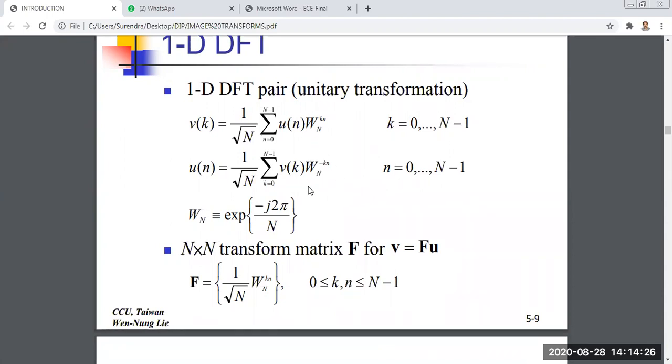Out of these two there is a common element, that is W suffix N, given by the expression e power minus j 2 pi by capital N. Suppose you want to convert these coefficients into an N by N transform matrix, where the number of rows and columns are both equal to N points, let it be denoted as capital F. So this F is replaced with this expression: 1 by square root of N, W N power kn. These are the internal elements.